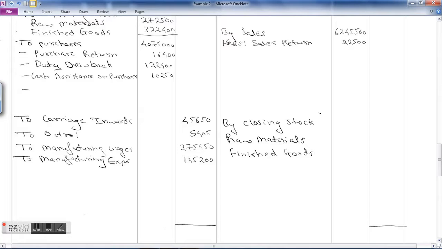Okay, so raw material is how much? 3,75,500, and finished goods is 511,450. So you have to total it up later.